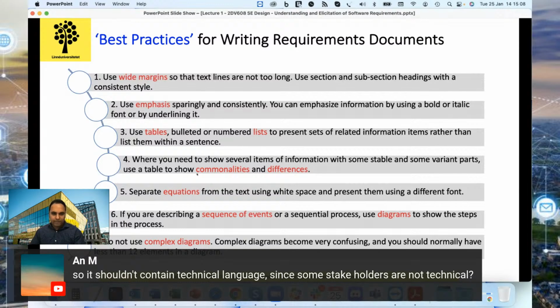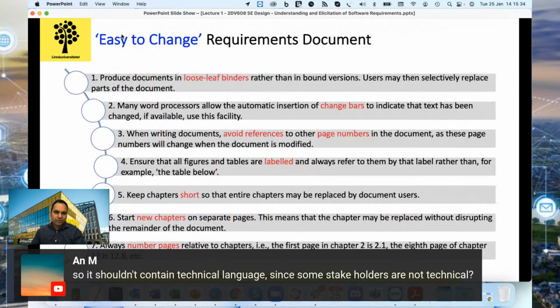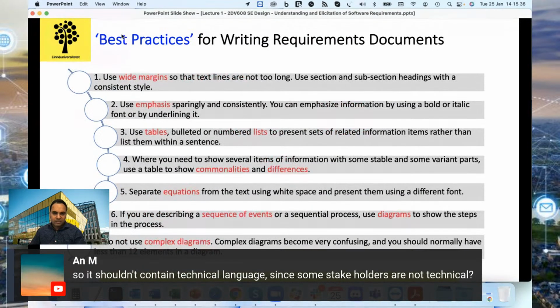Separate the equations from the text, not putting any equations in the text. Using diagrams to describe a process, rather than describing the process in a long paragraph, and not using complex diagrams. So these are common practices for requirements documents.